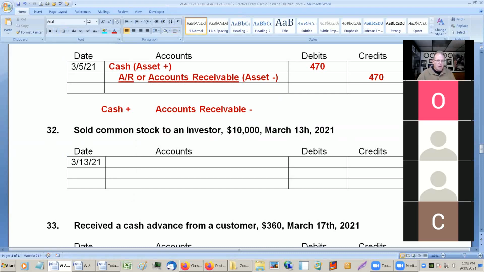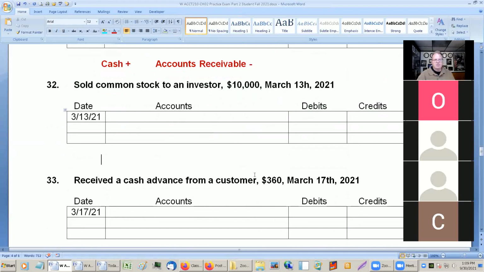Okay. All right. So, stock to an investor. This is one that gets missed a lot. Common stock to an investor, $10,000. Cash and equity. Cash is going up, and it is an equity account, so we'll put what it is.